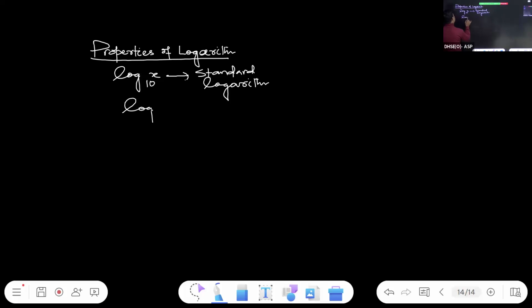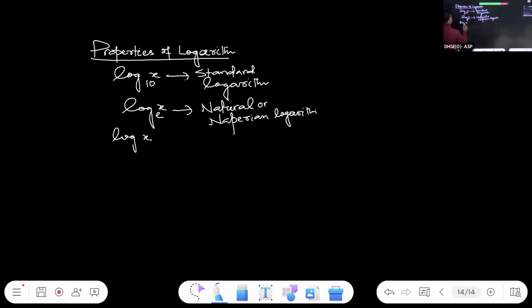Log x to the base e is known as the natural or Napierian logarithm, and log x to the base e is written as ln x. Clear?